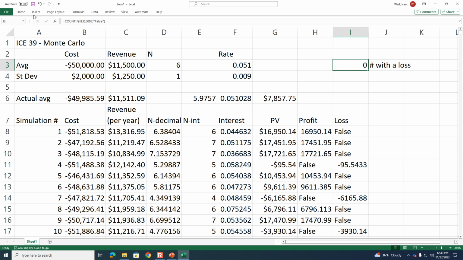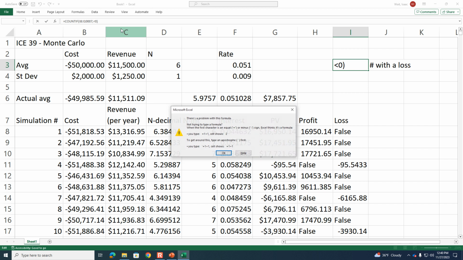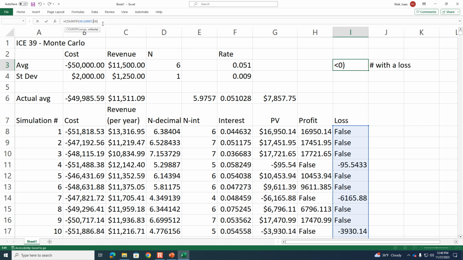Oh no, I must not have done it right. A loss is if it's actually a value less than, no, so we don't want to count the falses. We want to count if it is less than 0. I have to remind myself here.